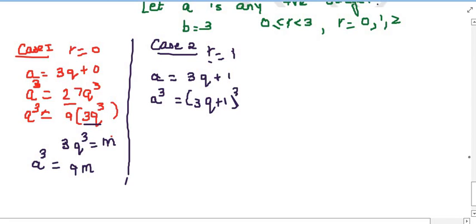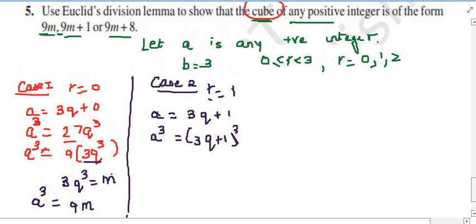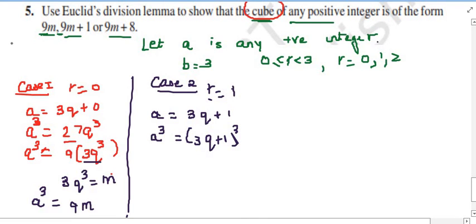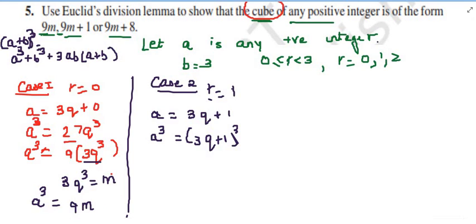Let me write down the formula. (a plus b) whole cube is equal to a cube plus b cube plus 3ab(a plus b). Okay, now we'll continue here.